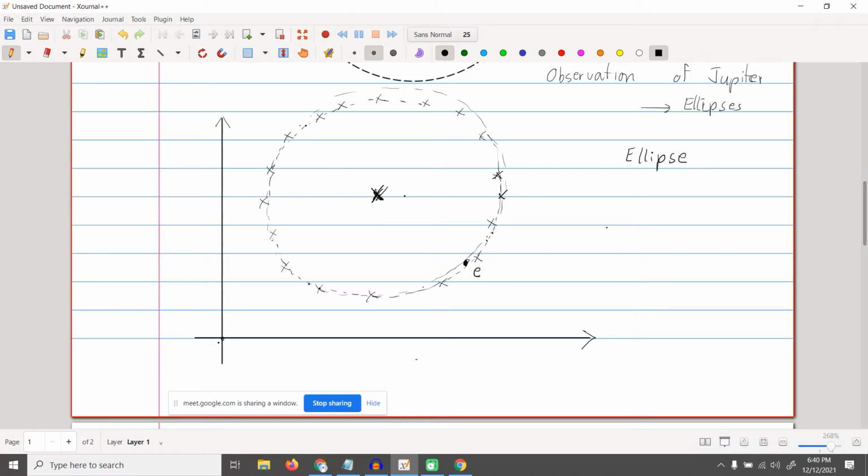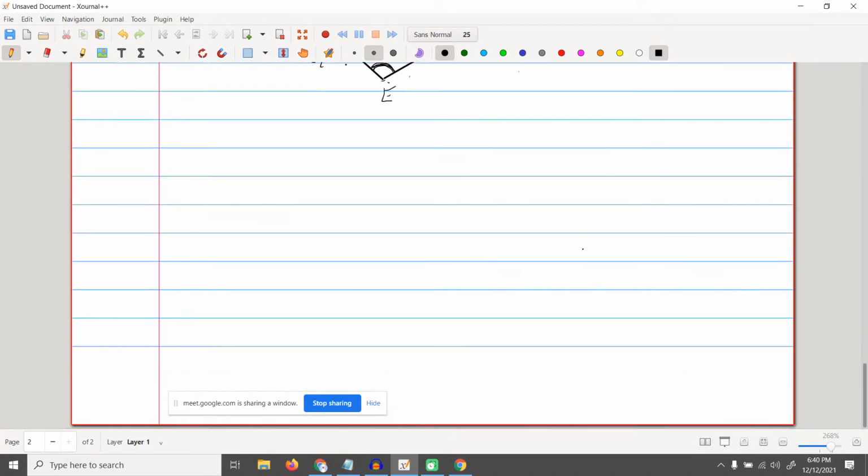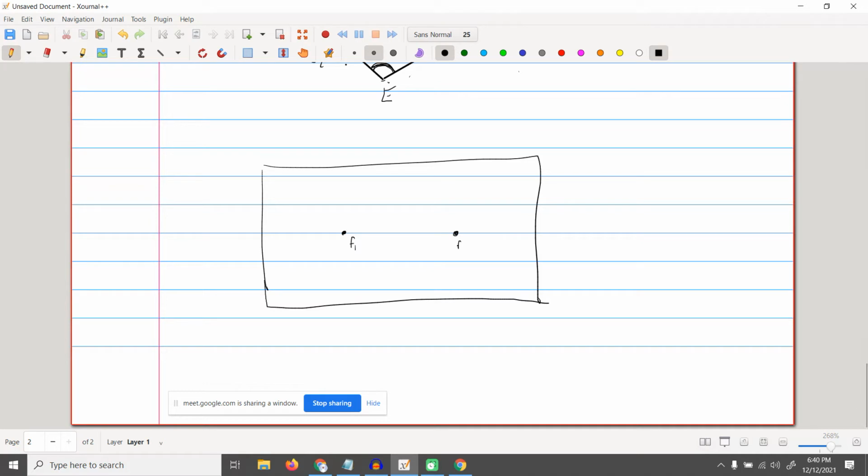Now ellipse is very easy to draw. For those of you who have never drawn an ellipse, what you can do is take a paper, place it on a wooden board maybe, put a pin at 2 points. This is your first focus, this is your second focus. Take a loop of thread, tie it, put the thread around these two pins.